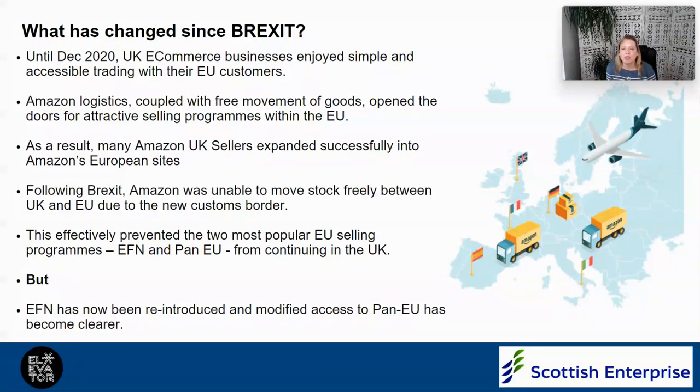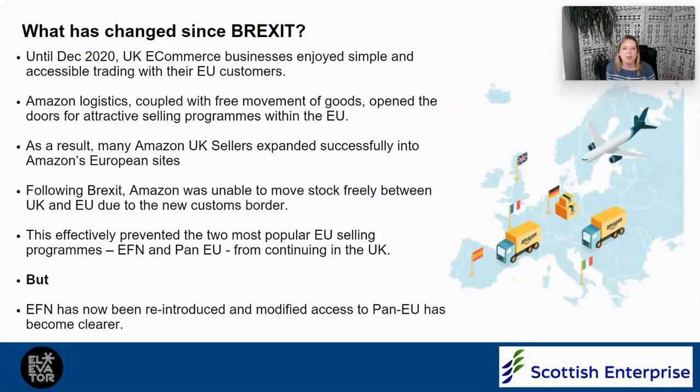So obviously much dismay amongst Amazon UK sellers, but we are now a few years down the line and there has been some progress. The doors have been opening again, albeit the access that the UK has is kind of more complex and a bit more expensive than it was before. So Sell My Products Globally and the European Fulfilment Network have now been reintroduced, and Amazon has also created new pathways aimed at helping UK sellers to access the Pan-EU network.